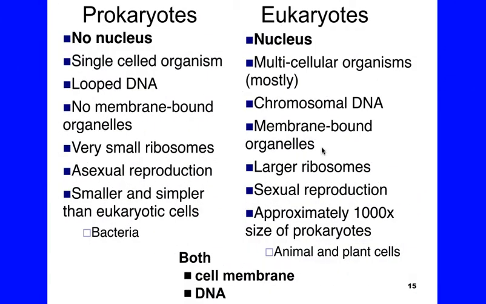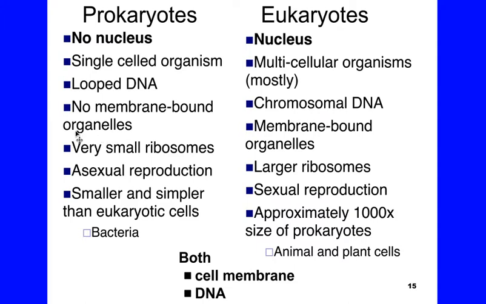There are some other differences between the two. Prokaryotes, besides not having a nucleus, are usually single-celled organisms. That means the whole organism is made up of only one cell, whereas eukaryotes are mostly multicellular organisms. The DNA structures are different. Prokaryotes have circular or loop-shaped DNA, whereas eukaryotes have chromosomes, or that double helix structure for their DNA.